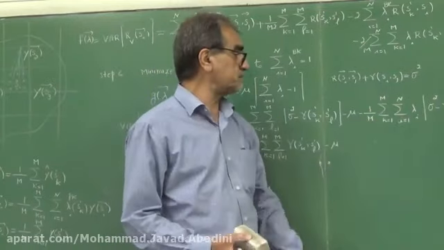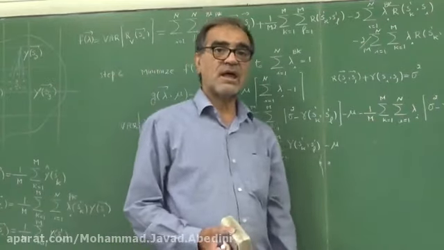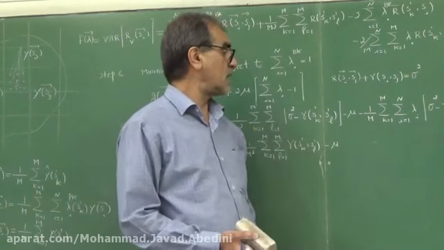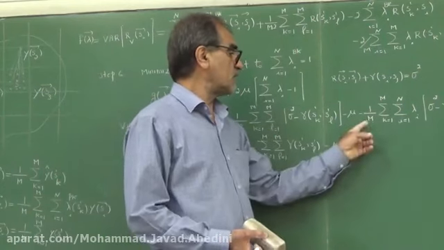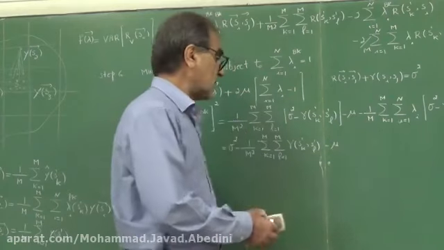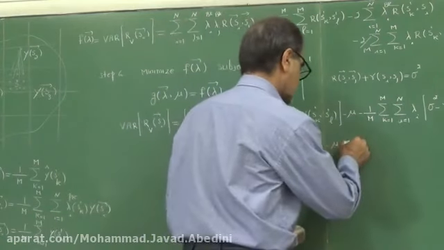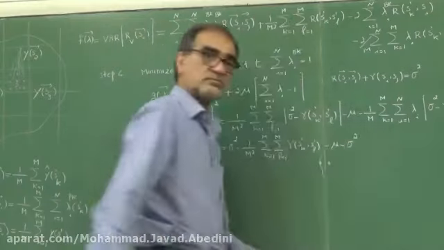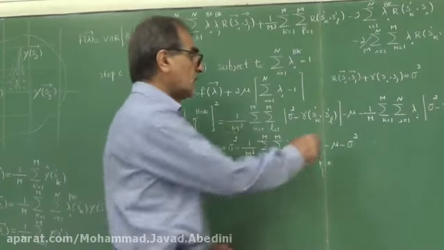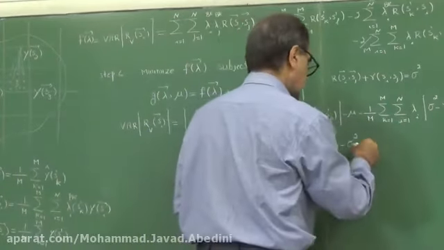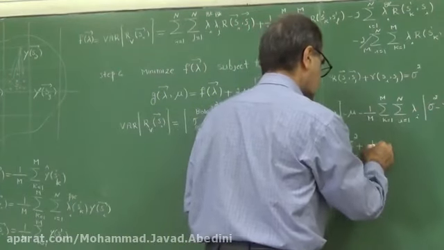Therefore, n will cancel out with this m here, it will become minus sigma 2. And then this minus times this minus will become positive.